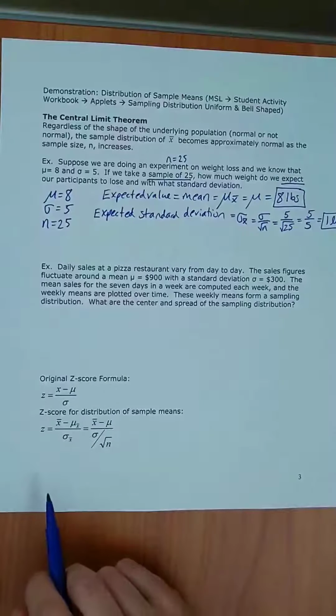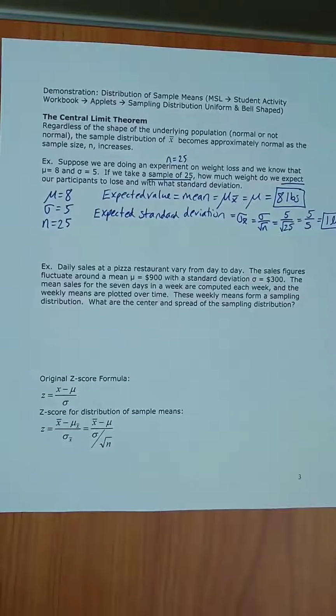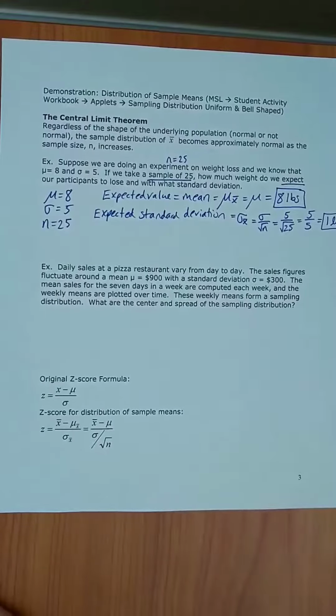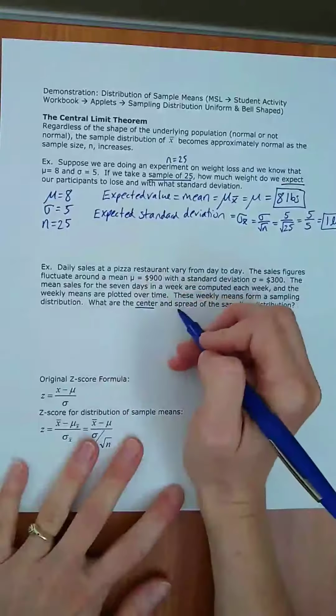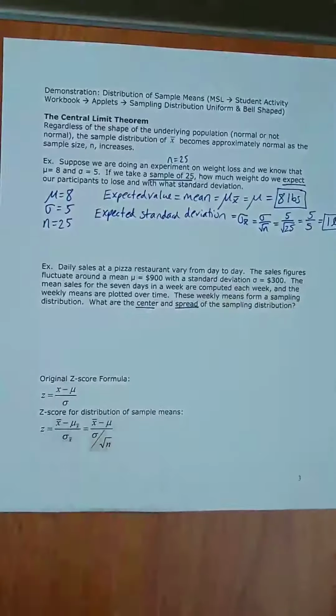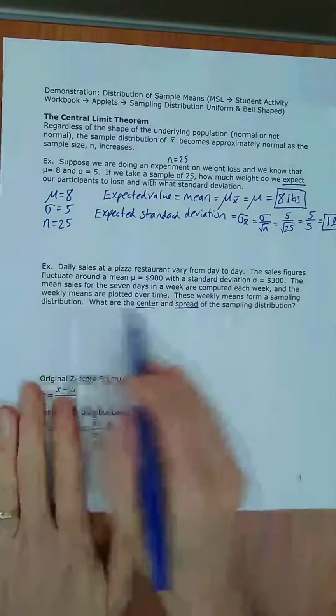These weekly means form a sampling distribution. What are the center and spread of the sampling distribution? Basically, the pizza place is not caring that they might be busier or quieter over the weekday or weekend. They're just taking a whole week and putting that together. So their X bars are their weekly sales.